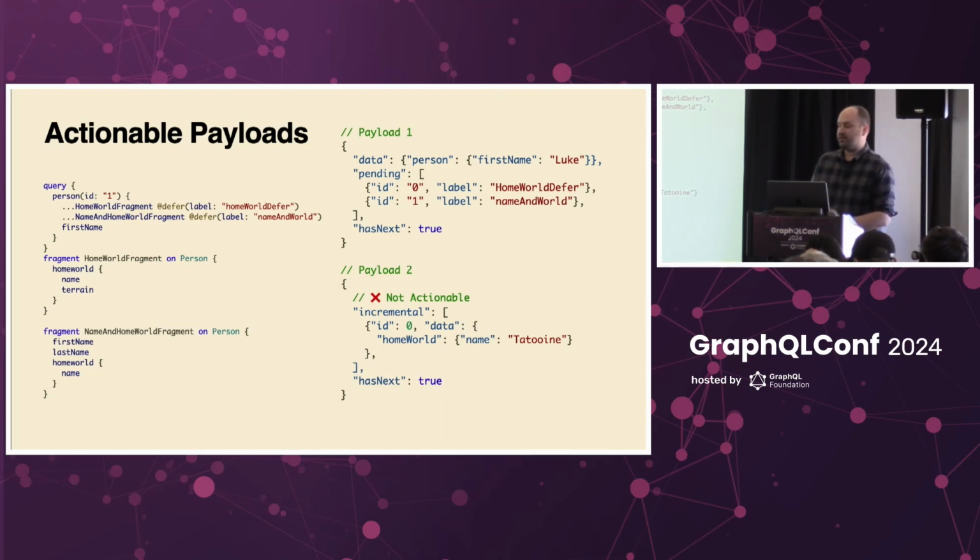So your UI framework can't really do anything with this payload. It can't render any of the UI components that are associated with those fragments because they're all missing some amount of data. So our spec says that the servers should hold on to the incremental data until at least one deferred fragment has been fully completed.